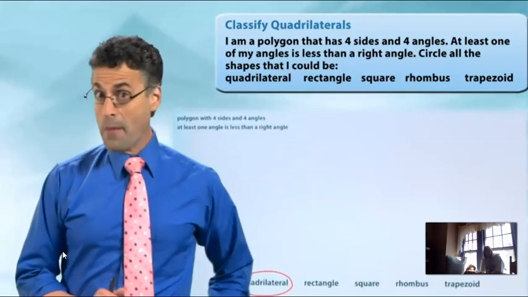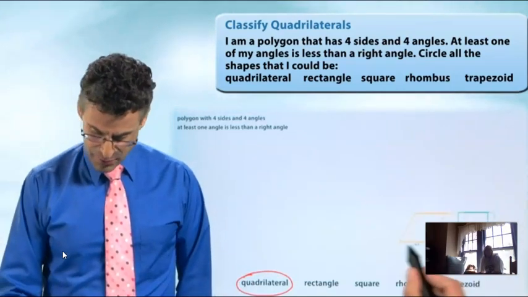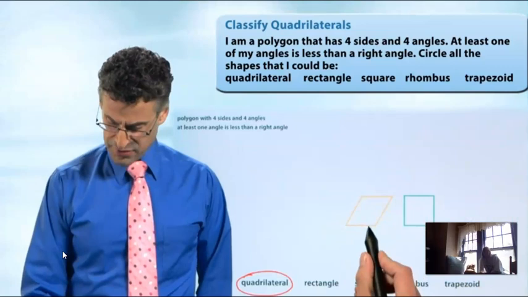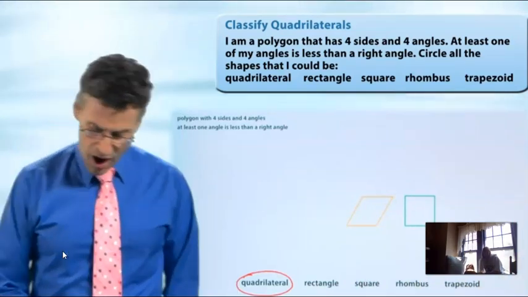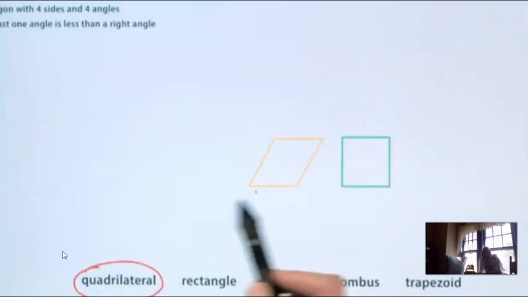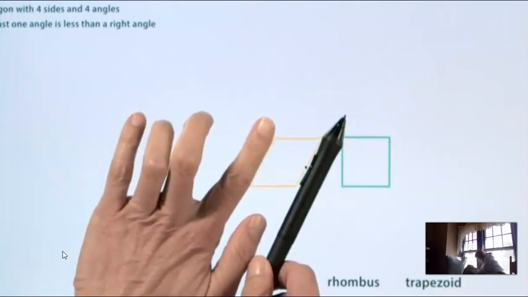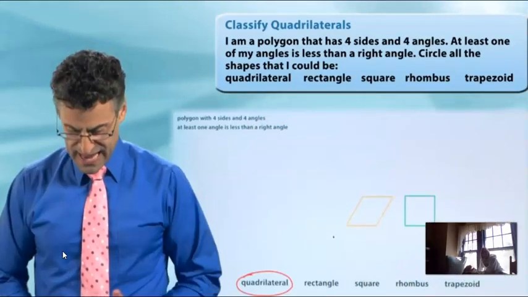Now, what about a rhombus? Well, now we're talking. A rhombus is a very interesting type of shape because it is a quadrilateral. It has four sides and four angles, and it has the property that opposite sides are parallel.